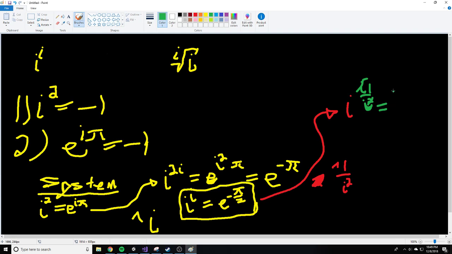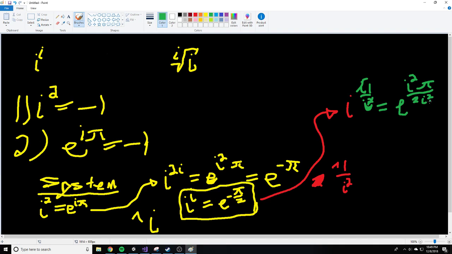And then this is equal to e to the -1 times negative pi over 2, which is e to the i squared, as we saw earlier, pi divided by 2.